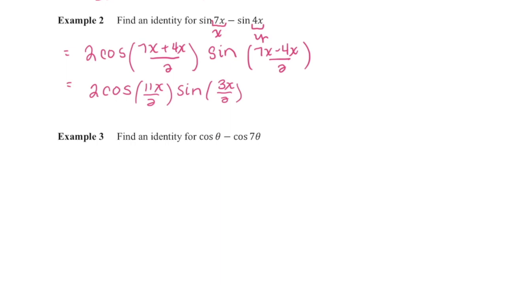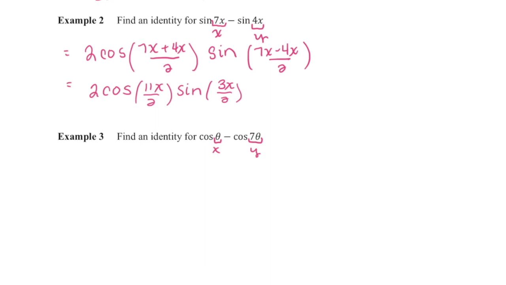This next example, we have cosine theta minus cosine of 7 theta. So we have cosine minus cosine. So I'll use theta as my x value and 7 theta as my y value.